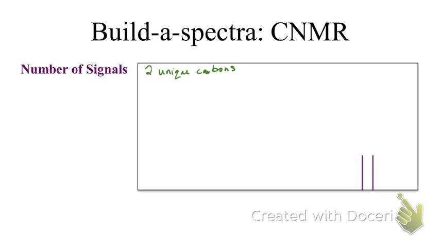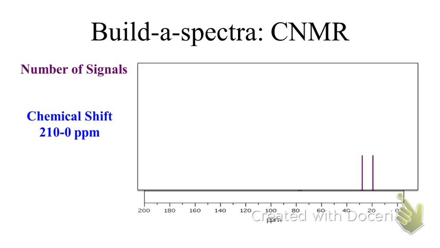Next piece of information is moving to the chemical shift. When we're looking at carbon NMR, we're looking at the range between 0 and 210 parts per million. So we can drop down the chemical shift line on this, and we can now start to do some more interpretation. How do we figure that information out? What would we do?